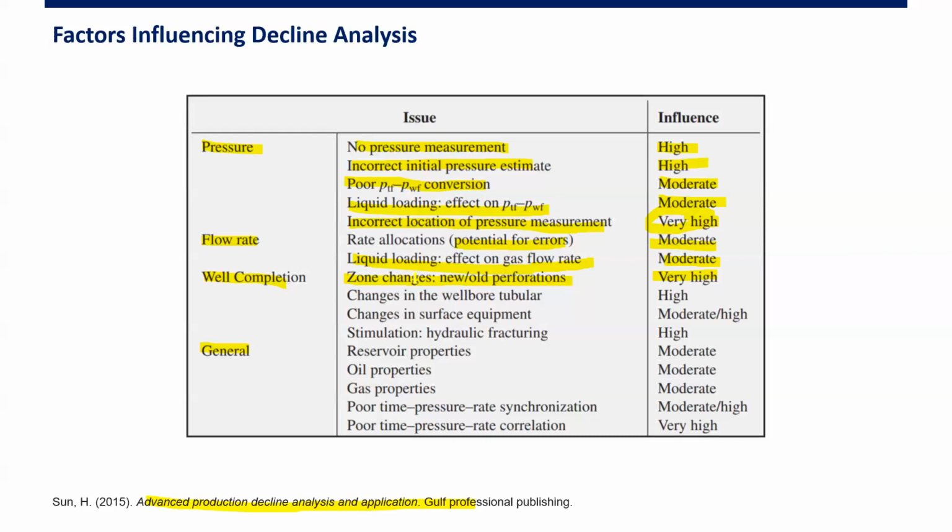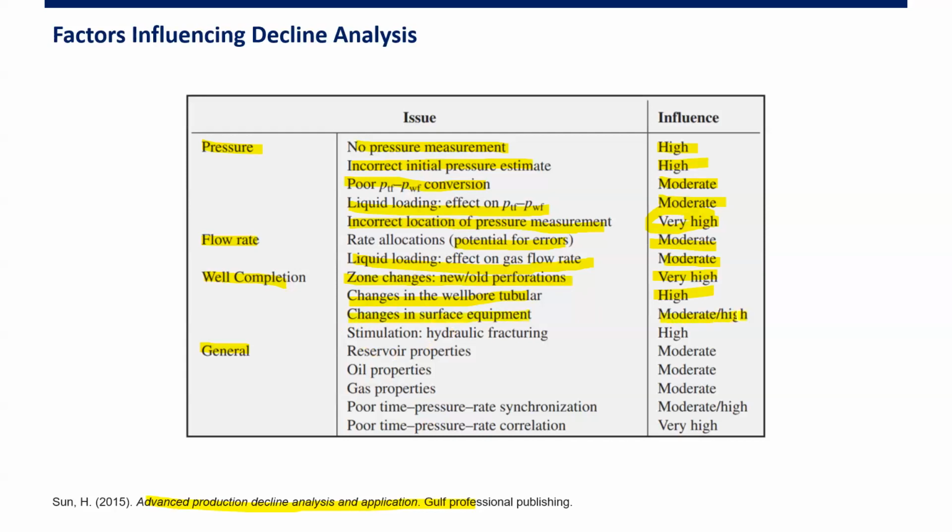Okay. Changes in wellbore tubular will highly influence the decline analysis. It will highly influence the production and maybe the productivity. Okay. Changes in surface equipment can be moderate, can be high.